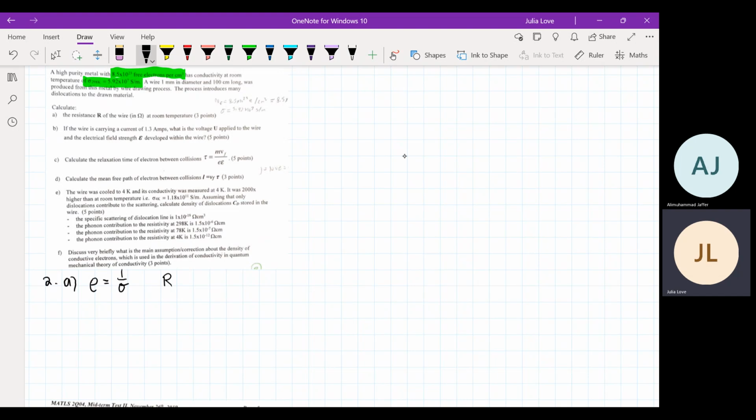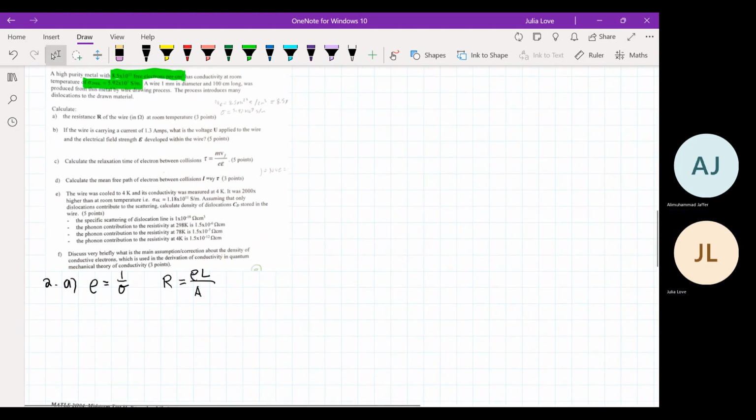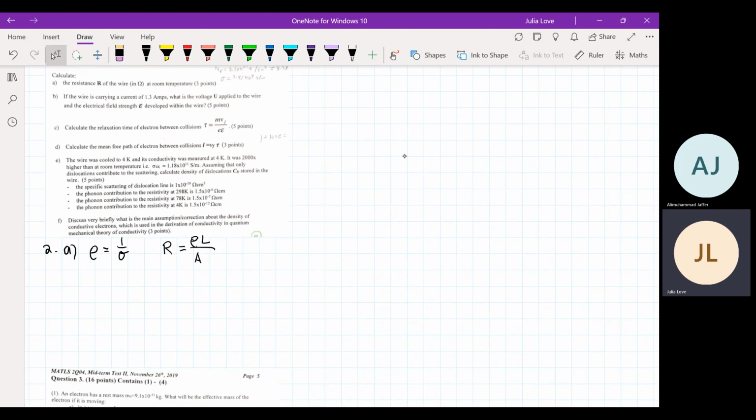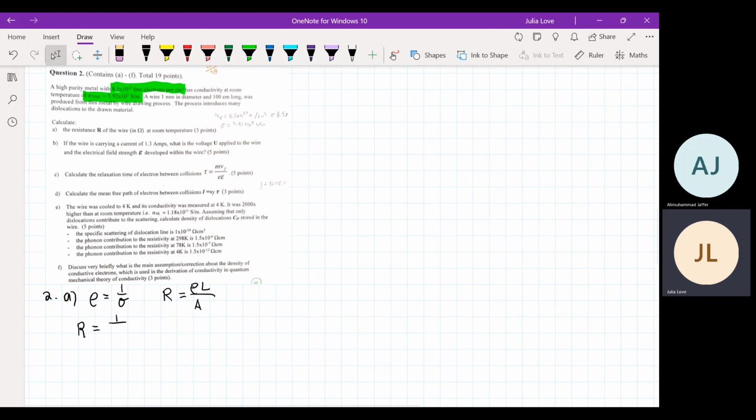An equation that we can use to find the resistance of the wire itself is this one here, ρL over area. We're given the diameter and the length, so we can plug all of these in to find our resistance, which will basically be 1 over the given conductivity to find the resistivity.